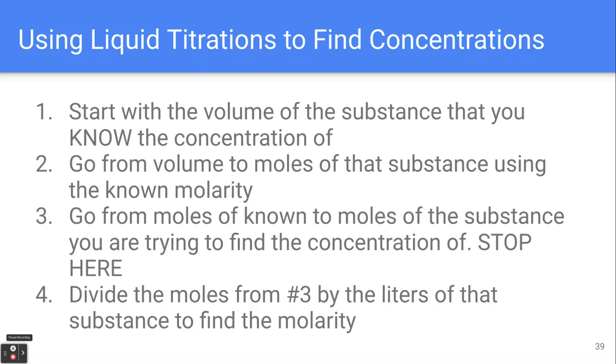Once we have moles of the substance that we know the most about, we can go from moles of that to moles of the unknown. And what we need to do is stop there. So stop with moles of the thing you're trying to find the concentration of. Then you're going to divide that mole answer by the liters of that substance. So you would have to know the volume of that substance. You have to convert that to liters. So you would divide those to find the molarity.